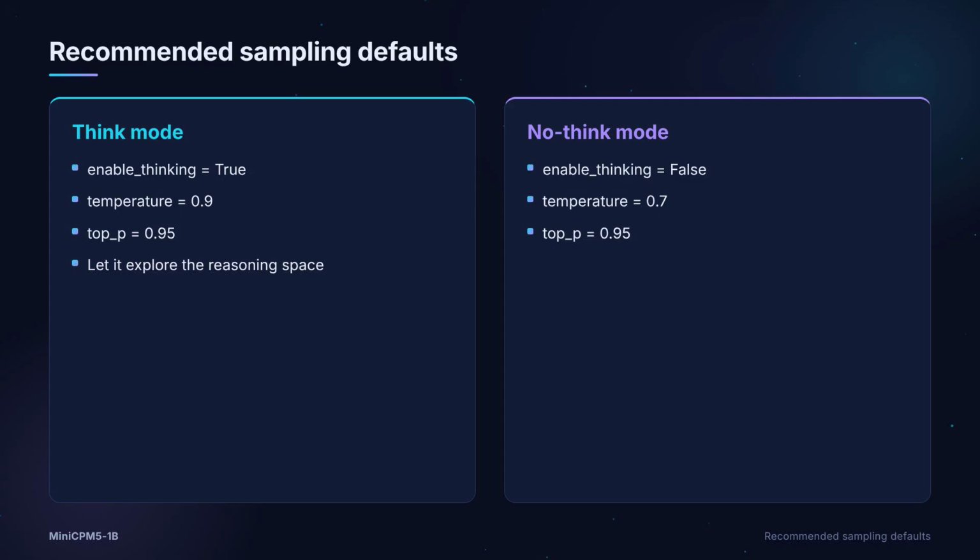For no think mode, set enable_thinking to false and drop the temperature to 0.7, keeping top_p at 0.95, which yields tighter, more direct answers. These are sensible starting points. For fully deterministic, repeatable output, useful in tool calling and code generation, you can simply turn sampling off entirely.